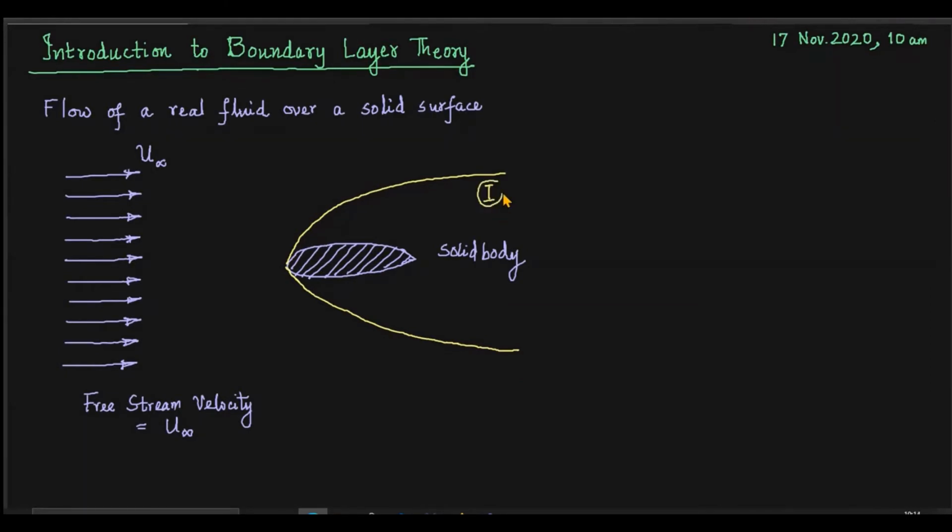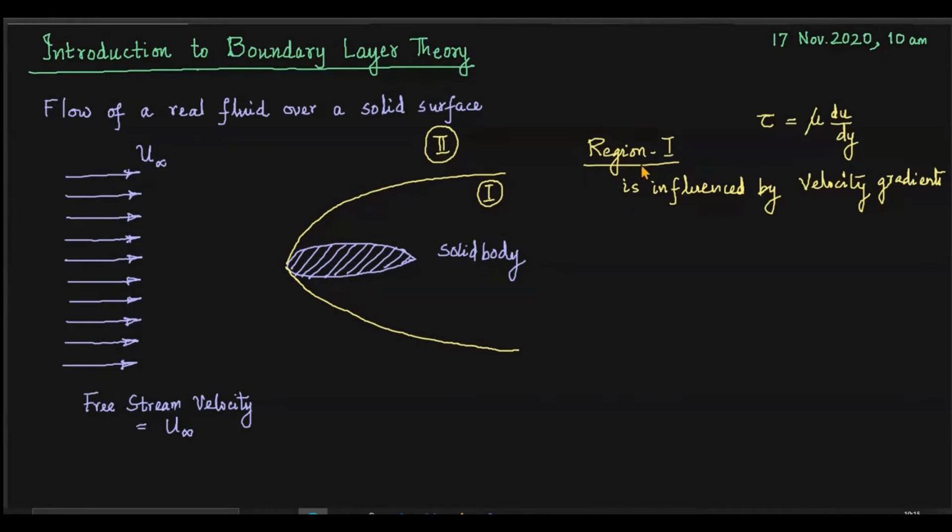And this is region 2. Region 1, which I'm showing you over here, is influenced by velocity gradients and shear stresses. Consequently, this region influences the drag, the resistance imposed by the fluid on the solid body or vice versa.